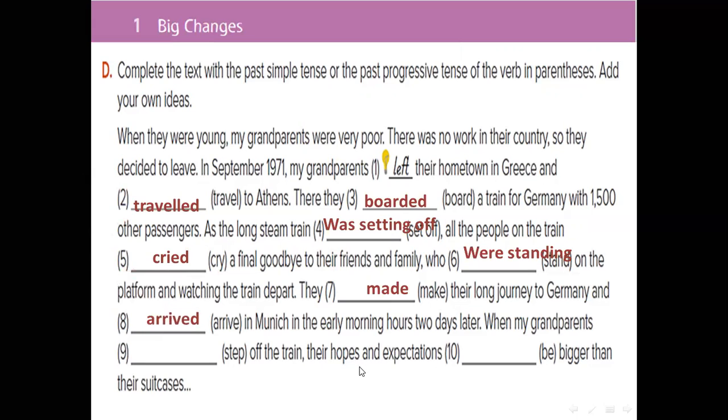Regular verbs. When my grandparents stepped, excellent, off their train, their hopes and expectations were bigger than their suitcases. Expectations, plural, so we will use were.